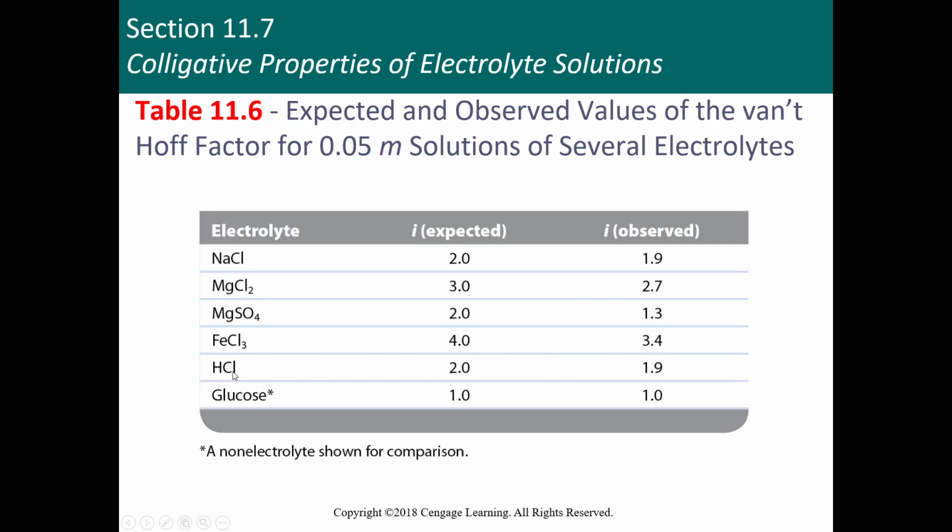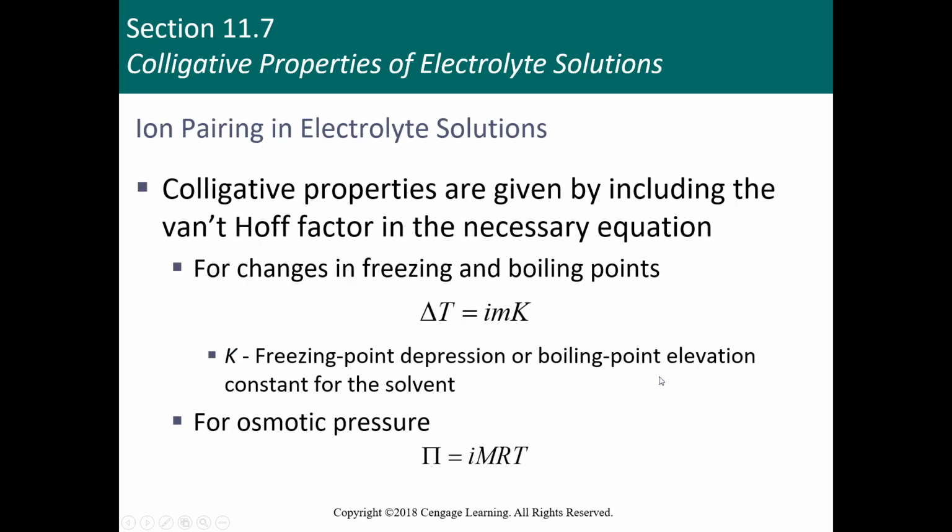Again, HCl, these both have an H+, Cl-, their charges of 1, and so we get very little deviation because they don't have much charge on either. This right here is glucose. This is a non-electrolyte. It's just shown for comparison. We don't get any ion pairing here because there are no ions being split apart. And so we expect this to be 1 particle, and it is 1 particle. That's great.